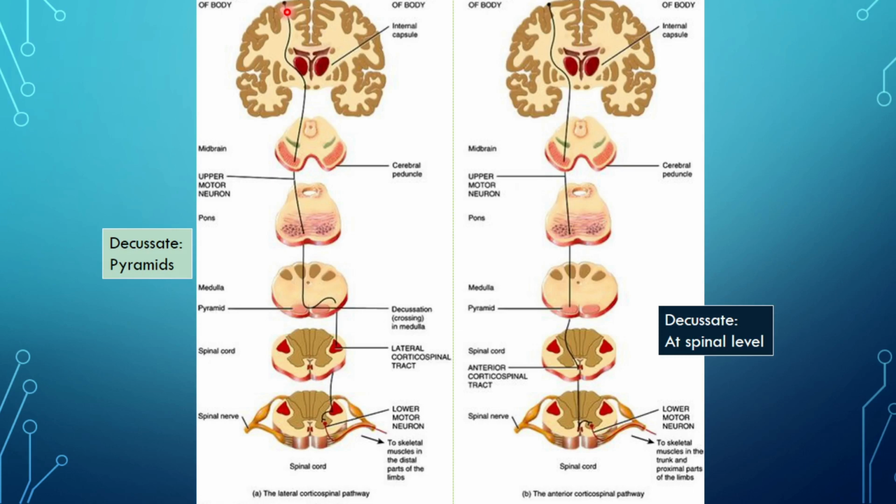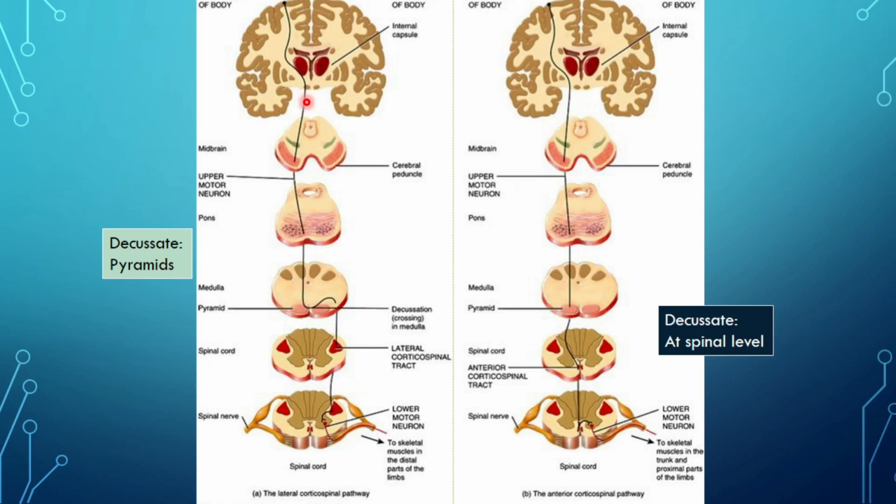The impulse is going to run down the axon through this area of white matter that we call the corona radiata, and then it's going to pass through the posterior limb of the internal capsule, and it's going to pass into the brainstem via the cerebral peduncle, which is just the connection between your cerebrum and your brainstem, because they're connected via lots and lots of axons.